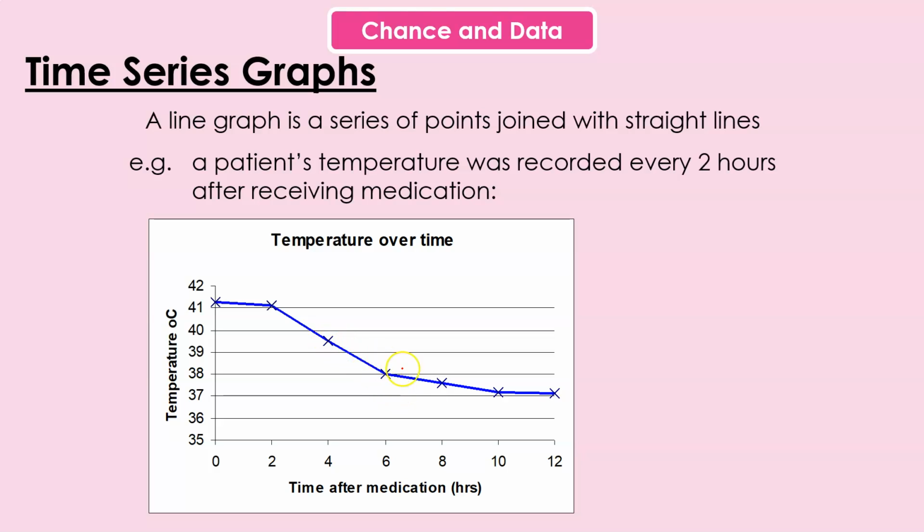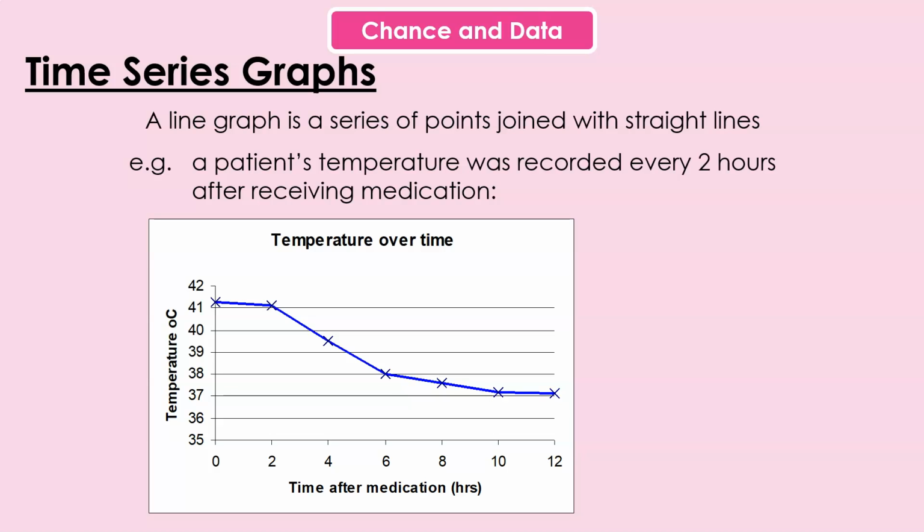After 6 hours, we're down to 38. And we end up, after 8 hours, 37.5. Then after 10 hours, 37.1. And after 12 hours, we end up with 37.05. So obviously, time series graphs show us a progression over time.